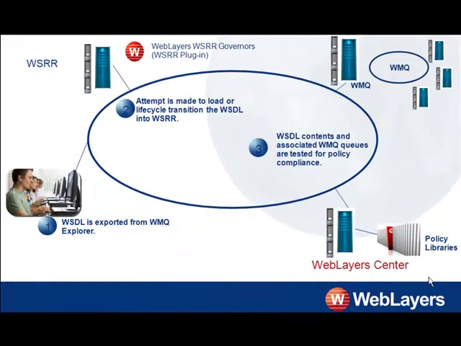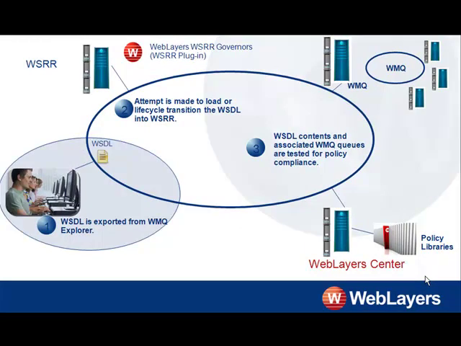This diagram lays out a typical architecture for SOA governance. The system flow of the use cases we are about to demonstrate is as follows. First, a service definition is created within WMQ Explorer, and an artifact, in the form of a WSDL here, is exported out into the file system.